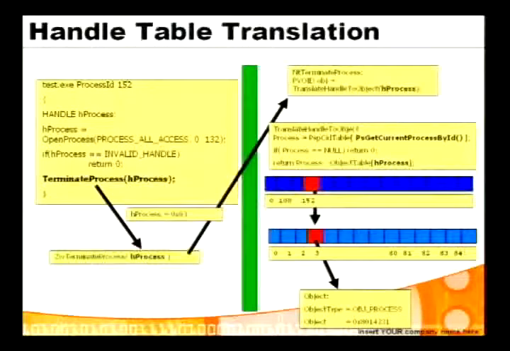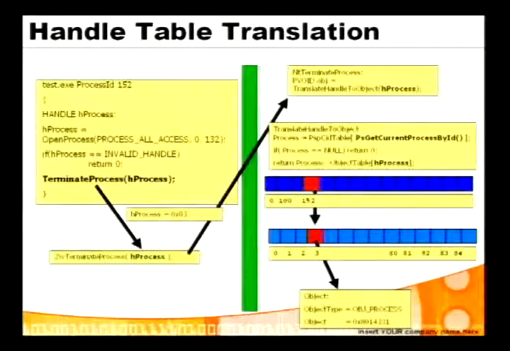So here, NtTerminateProcess is going to look up a handle to the object for 03. What its goal is to get back the EPROCESS structure, and then it's going to make some calls on that. So translate handle to object will look up the current process by ID, which in this case we want 152.